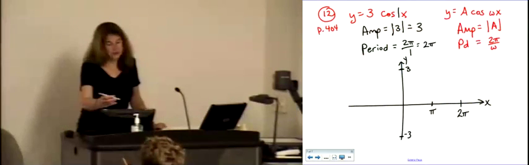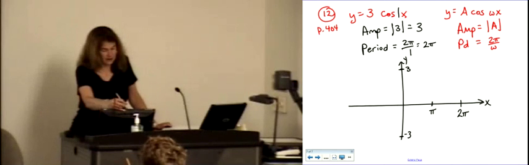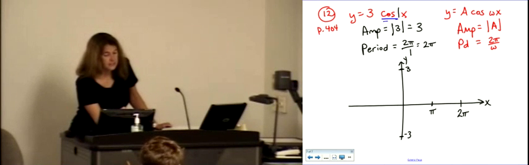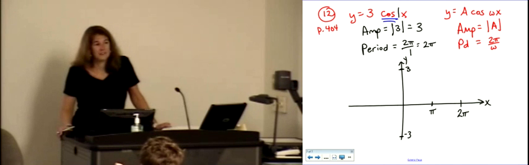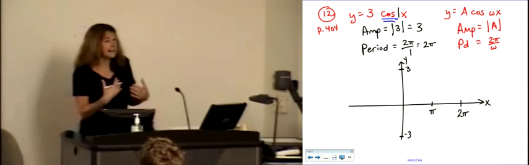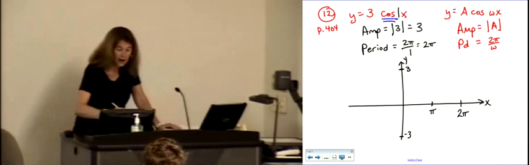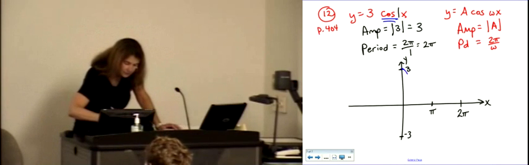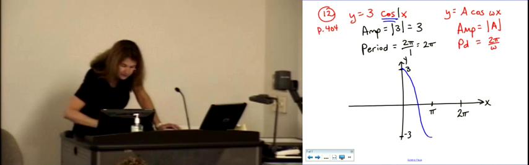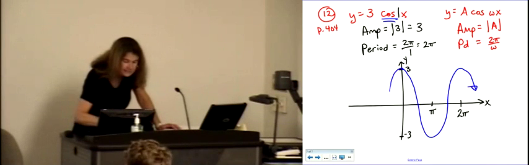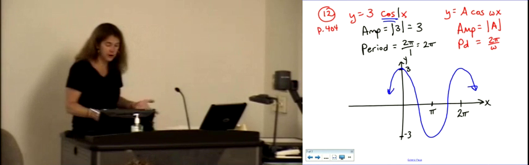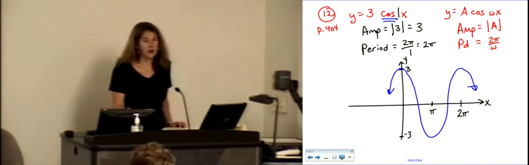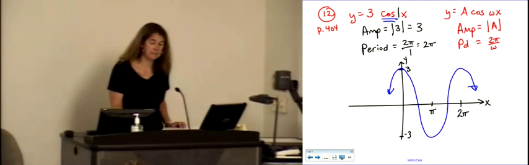All right, so what we're going to do over here is sketch the graph. I look up here and I see it's a cosine graph. So where will I start? You'll start on the 3 on the y-axis. So for my sketching purposes, I'm going to start up here on the y-axis at 3. I'm going to come down like a cosine graph, go up, and then I can extend it on both sides and show that it continues on in those directions.